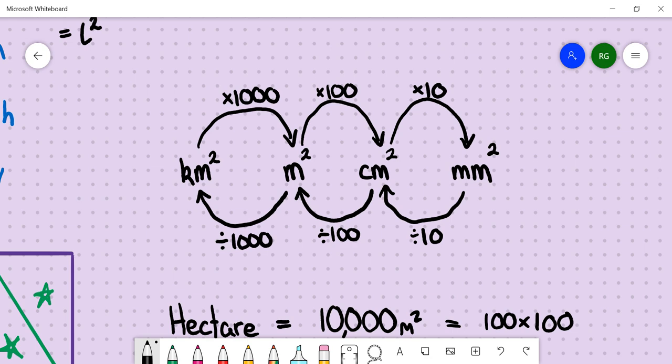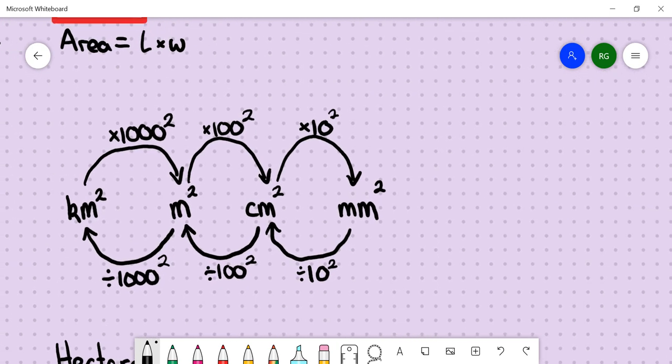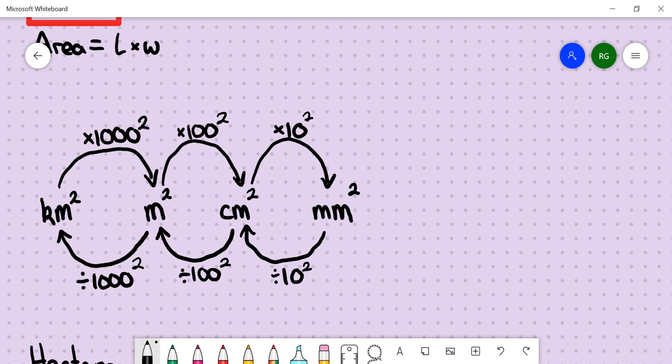In other words, there's 1,000,000 square metres in one large square kilometre. So what we do is we actually have to square all of these values, like so. And I'll give you a little example of how that might actually look.